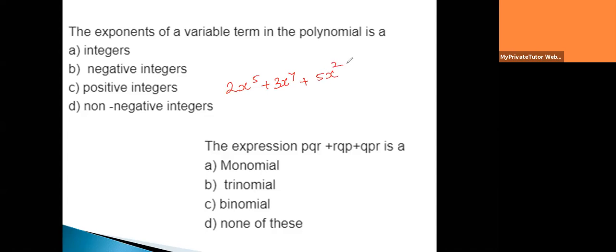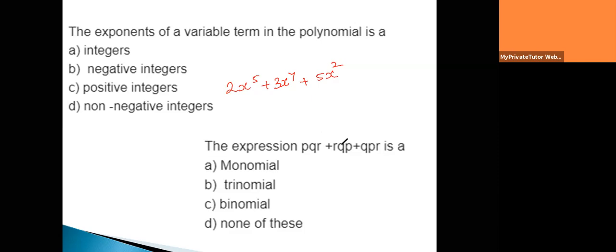Joseph said it's a positive integer. Everyone agrees to this? Iris, what do you think? In a polynomial, the degree is always integers, or negative integers, or positive integers, or non-negative integers. So Joseph said always positive integers.